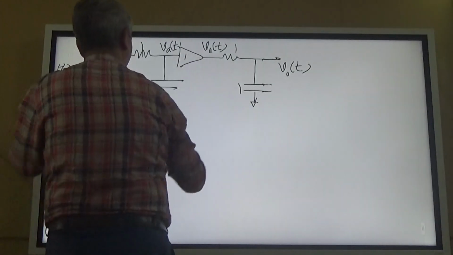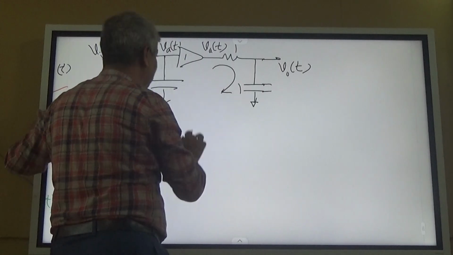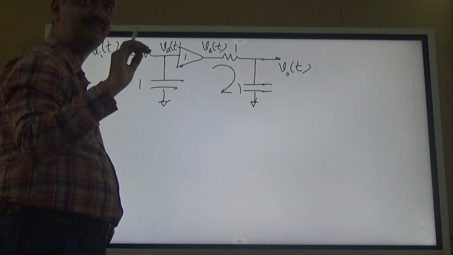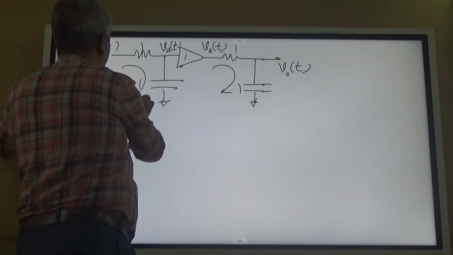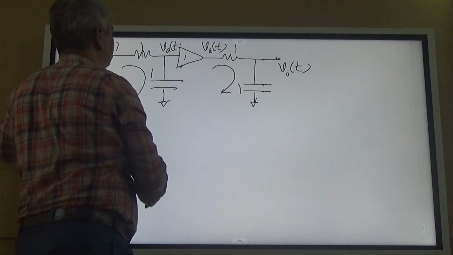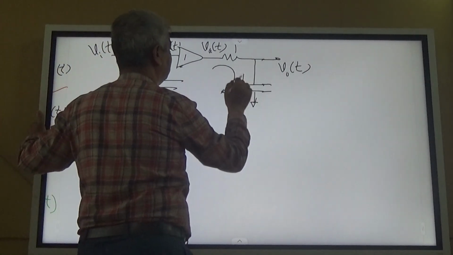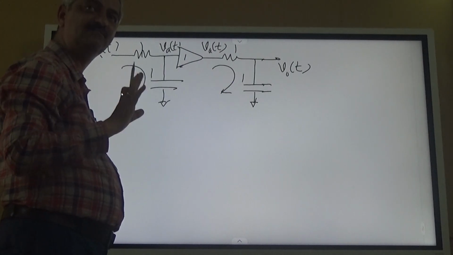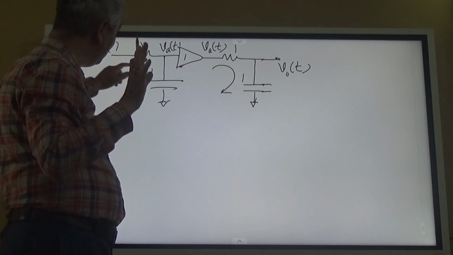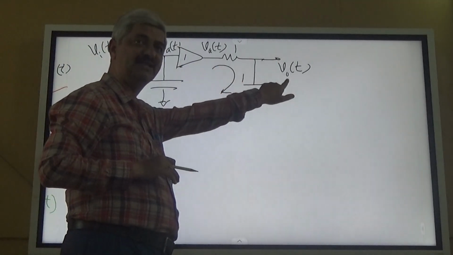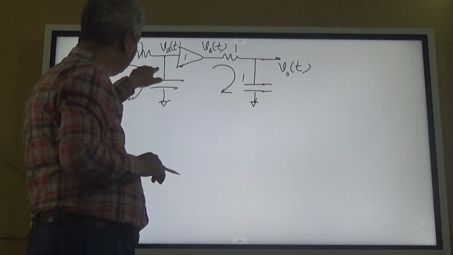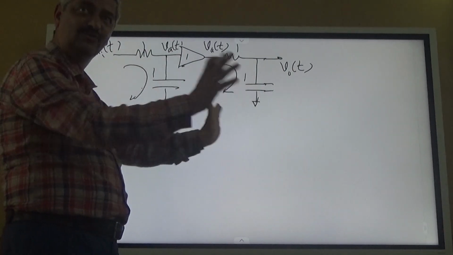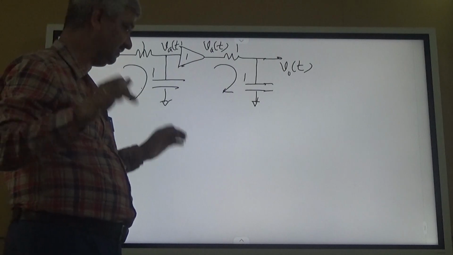Because no current flows through this, and since the amplifier doesn't draw any current, this is correct. So here you can have dVout by dt plus Vout equal to Vat, and dVat by dt plus Vat equal to V. Then you can get the final equation. Is it right?